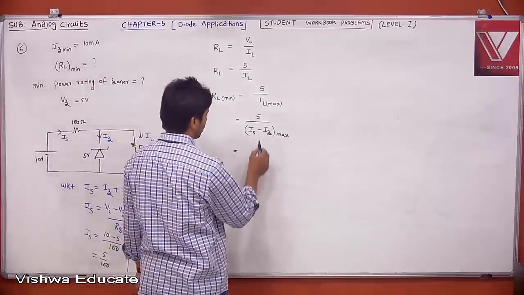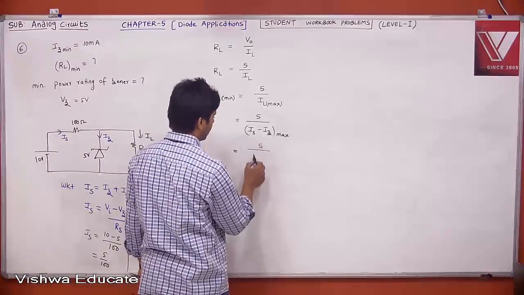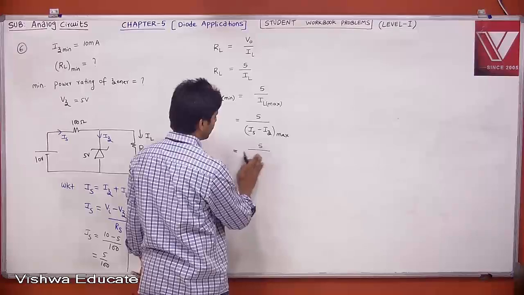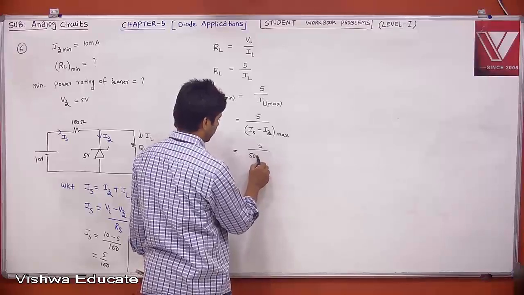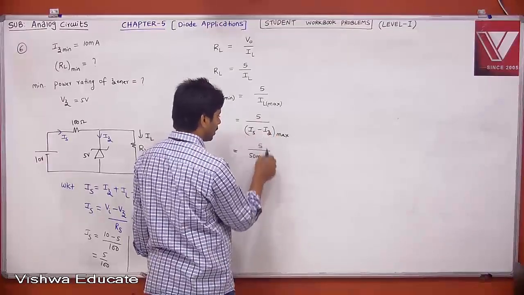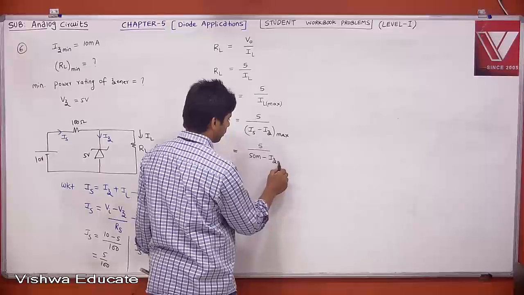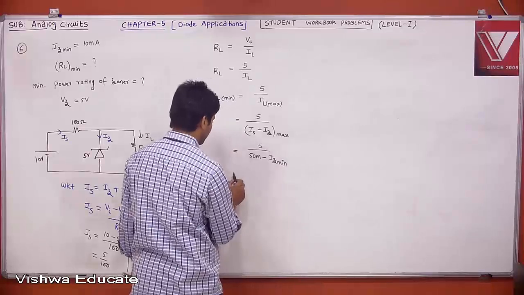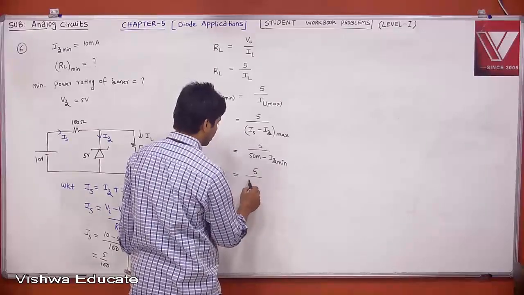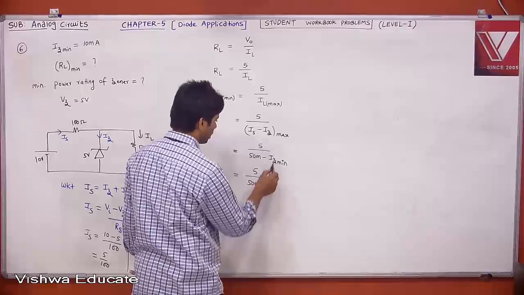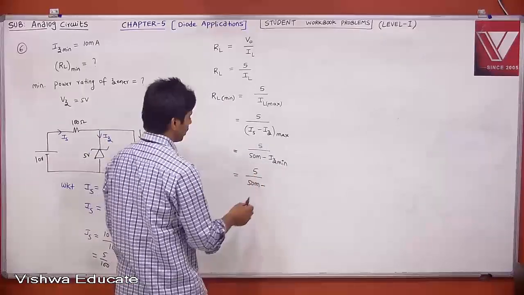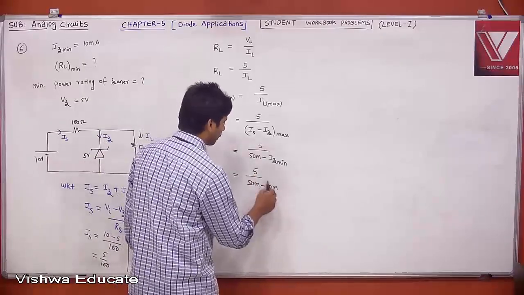Therefore, now if you substitute, what may it be? 5 divided by your Is minus Iz, where Is is 50 milliampere. That is maximum when Iz is minimum. When Iz is minimum, therefore 5 divided by 50 milli minus, what is Iz minimum? Already given, 10 milliampere.